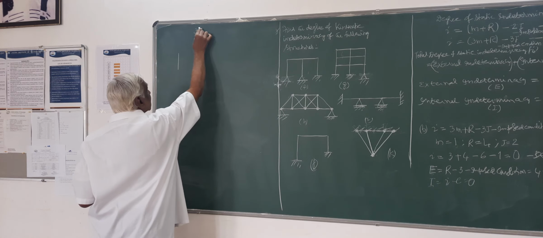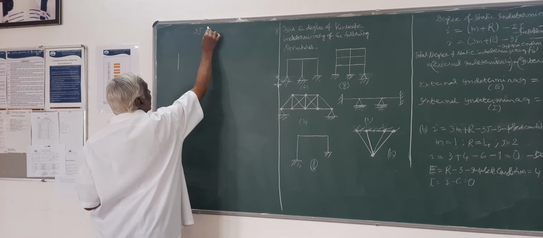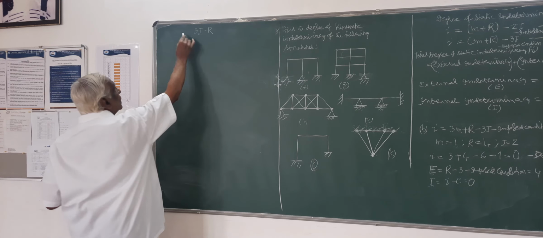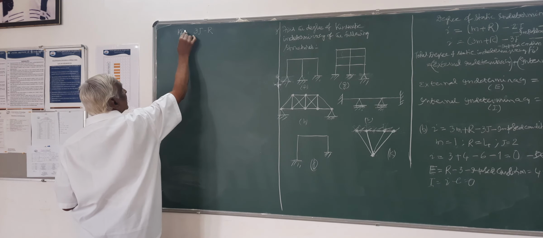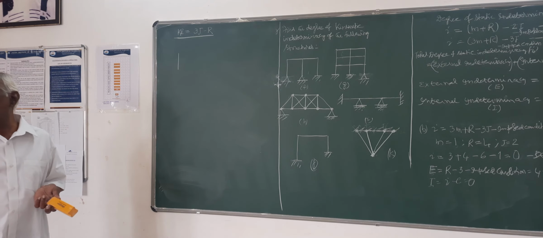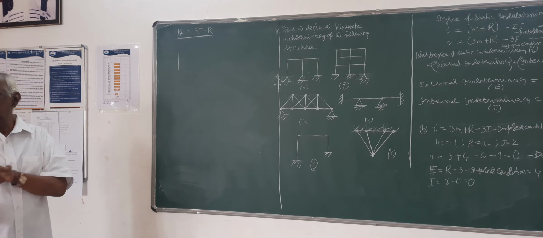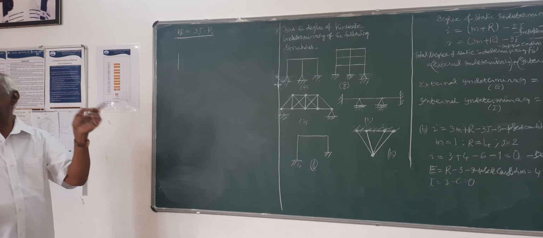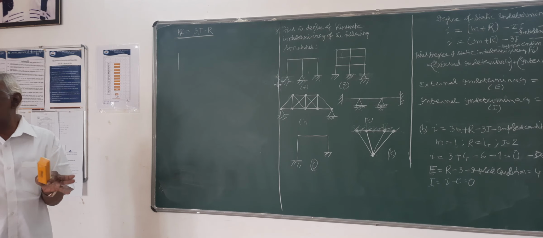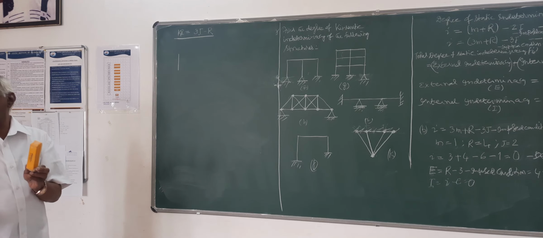If there are j joints, 3 into j is the number of unknown displacements, and at support reactions there won't be any displacement, so you have to subtract. This 3j minus r is what we call the kinematic indeterminacy. At each joint there will be three displacements, and at supports there won't be any displacement because it is held by that reaction.